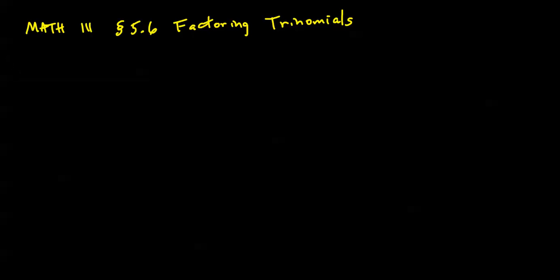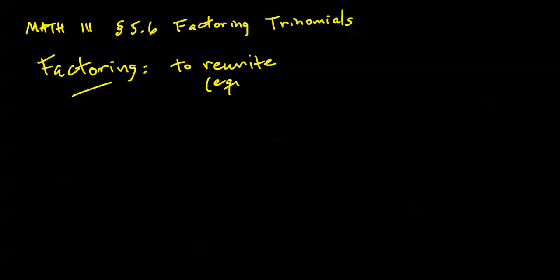Now let me review with you the meaning of the word, or the verb, to factor, or the act of factoring. Remember, factoring is the process of rewriting, equivalently, a sum as a product of factors.